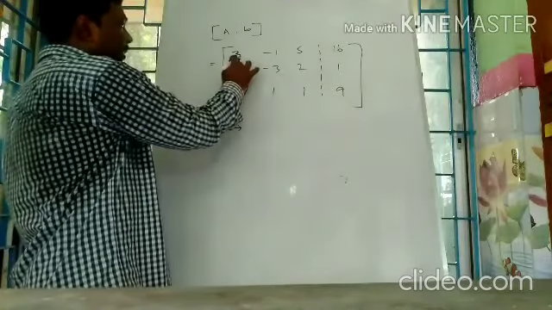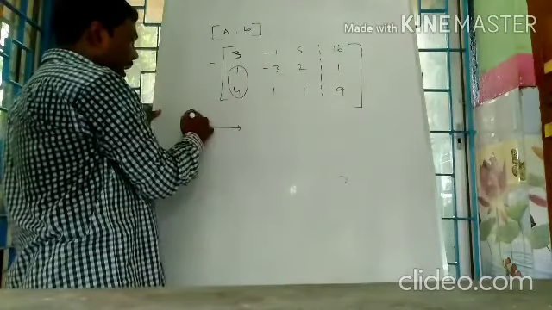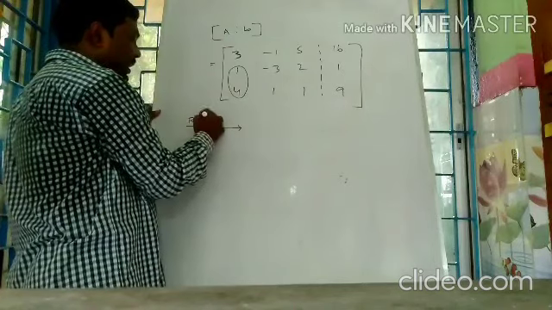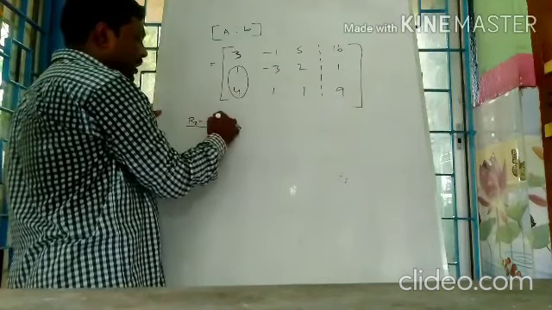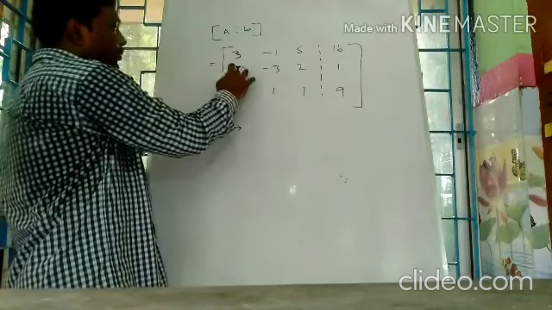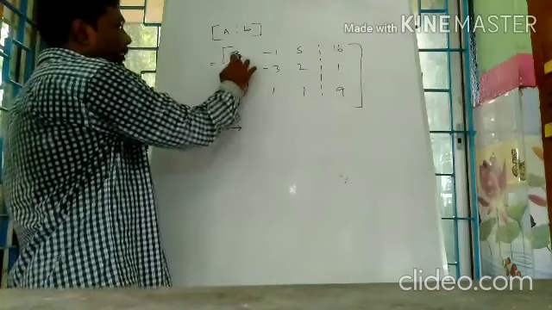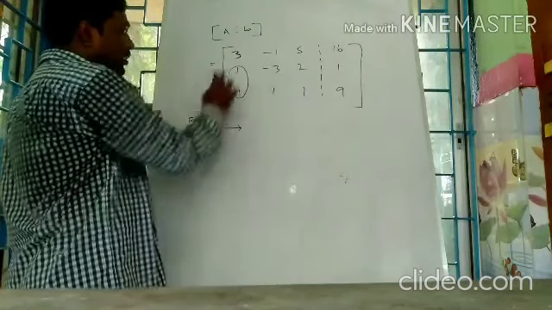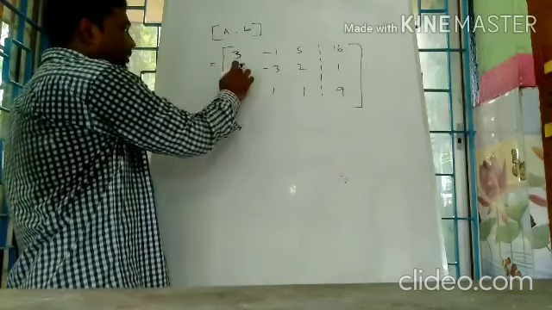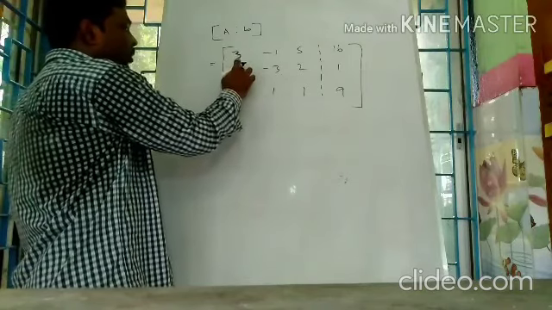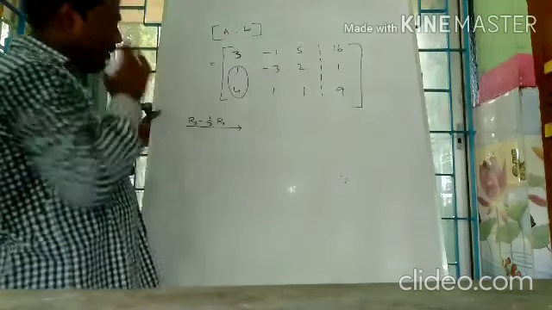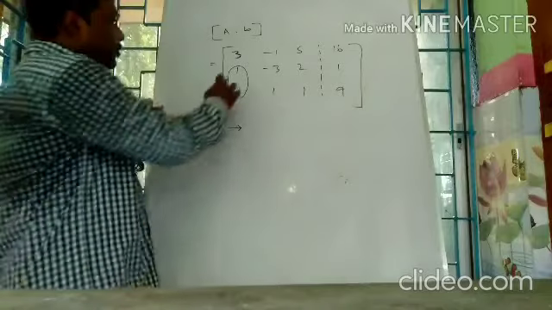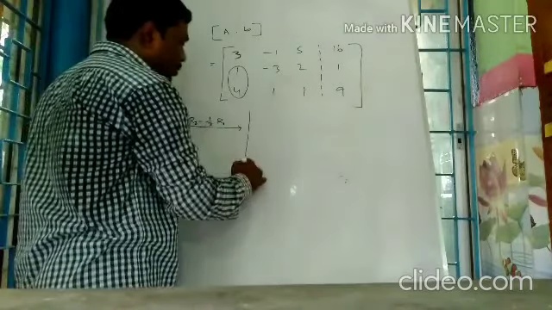First make 1 into 0 using R2 minus 1 by 3 R1. So divide the first row by 3, divide R1 by 3, then it is 1. Then subtract from the second row: R2 minus 1 by 3 R1.